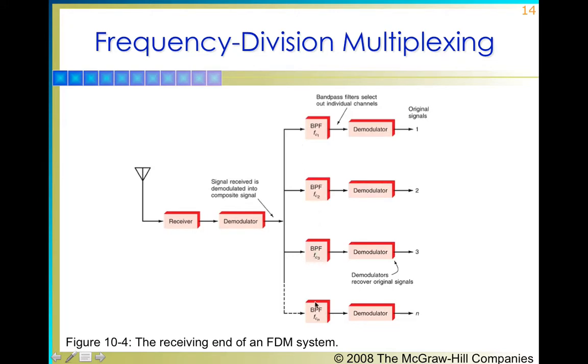That composite signal is sent to all the band pass filters which are tuned at the subcarrier frequencies, and each band pass filter allows the subcarrier at its frequency and attenuates the others.